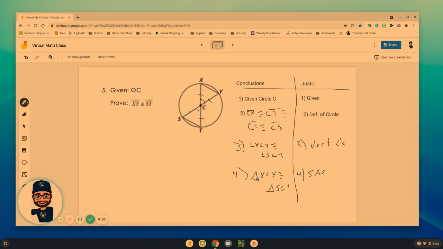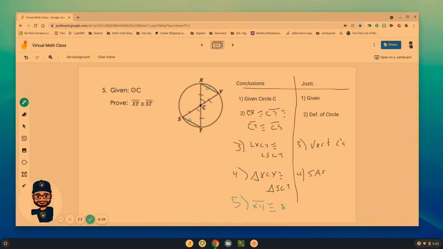And once we're able to show that this bottom triangle is congruent to the top triangle, we are then allowed to say that XY is indeed congruent to ST. What allows us to say that, though? That's the trick. And hopefully you picked up on this in the last video.